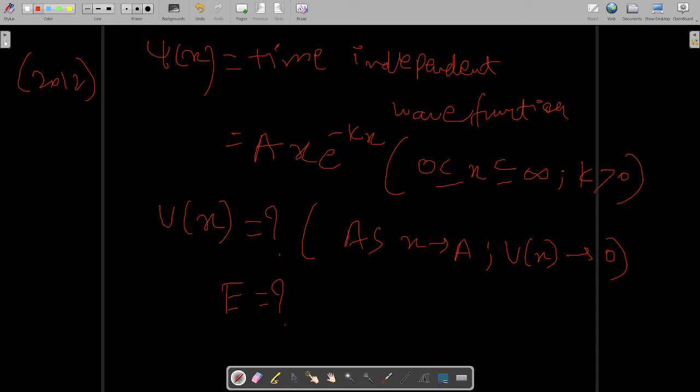I had already told you in the previous classes that whenever a time dependent function is given, some formulas will be a little bit different, and when a time independent function is given, the formula will be different. For a time independent function, I had clearly told you one thing, that H psi equal to E psi is the formula.